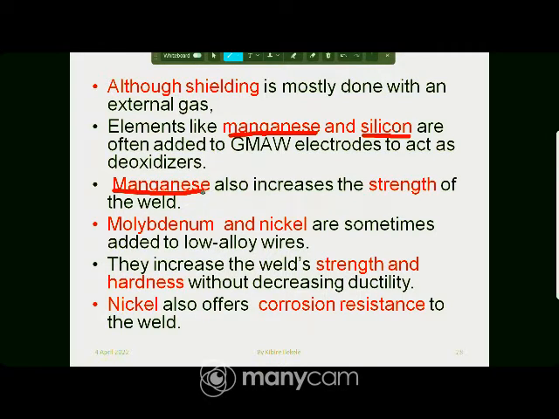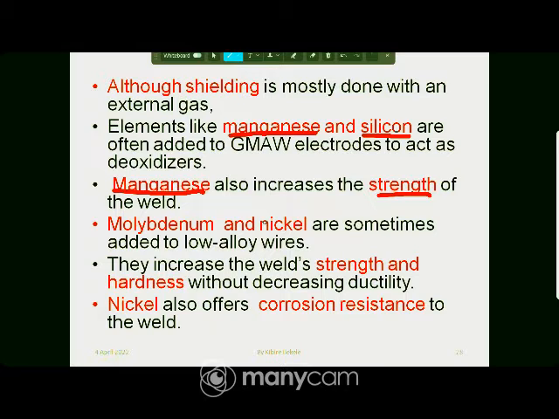Manganese also increases the strength. Strength and toughness are the major properties of welding we need. Manganese increases the strength of the weld, and molybdenum and nickel are sometimes added to lower-alloy wires.